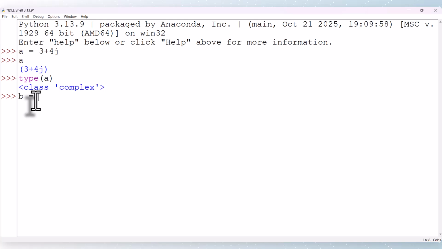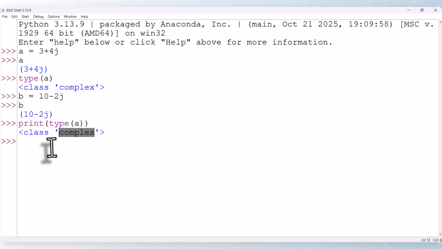b equal to another number, I am taking 10 minus 2j. You can also take negative values for the imaginary part, and the real part can also be a negative number. If I print b and the type of b, you can see that it shows complex.